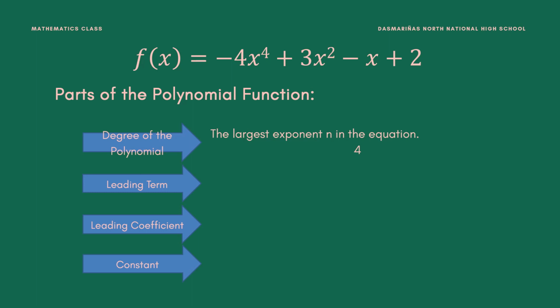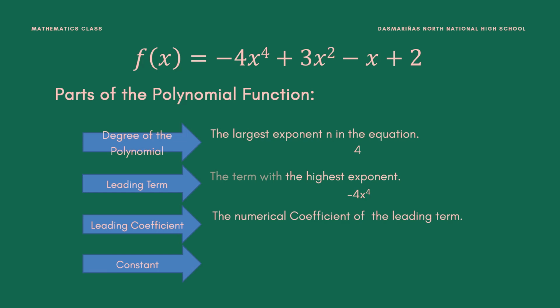Next, leading term. Leading term is the term with the highest exponent, and that is negative 4x raised to 4. Next, leading coefficient is the numerical coefficient of the leading term.